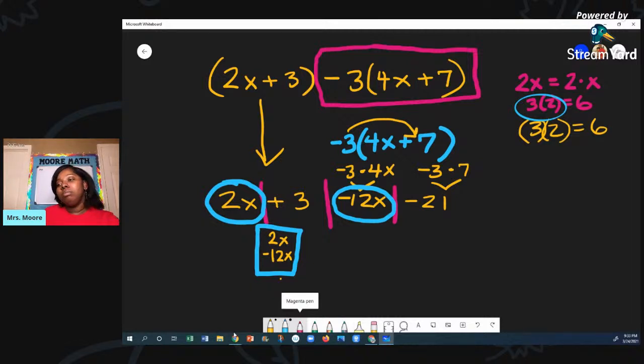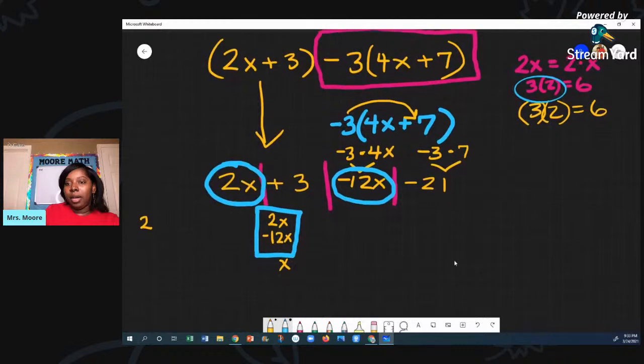So x is going to come out of this box. 2 plus -12. So you were getting 14x. However, this is a +2 plus a -12.